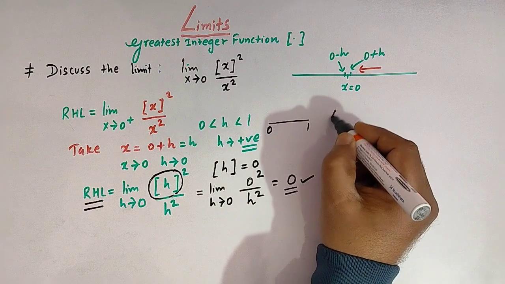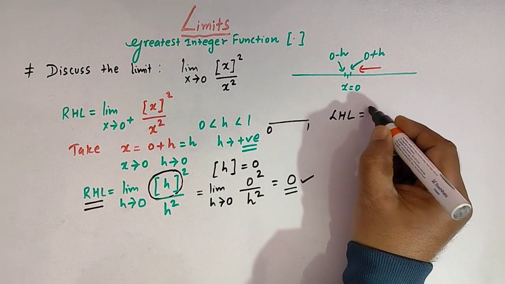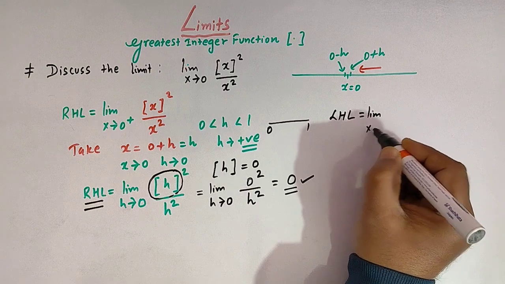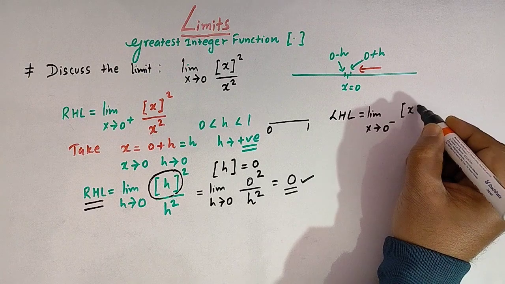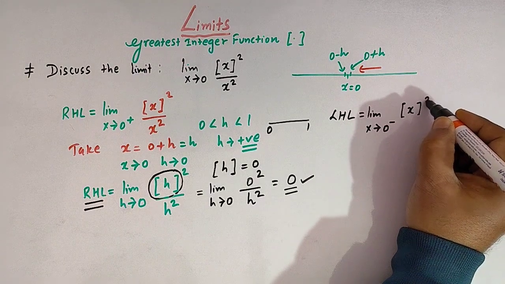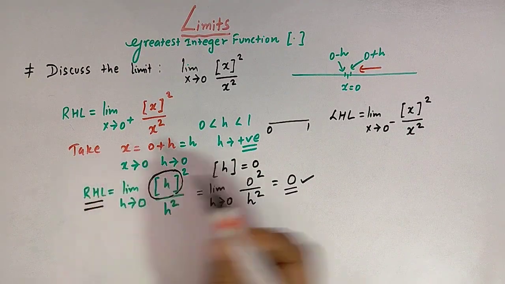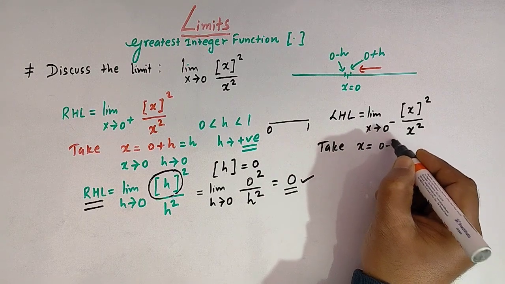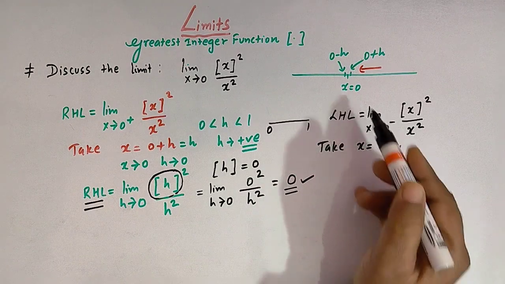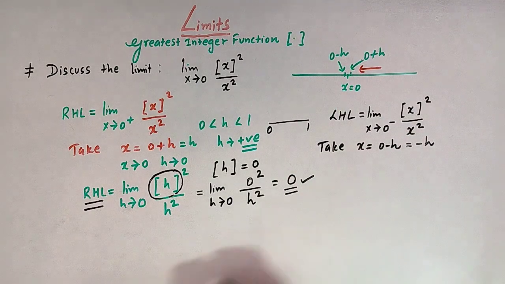Now let us find out the left hand limit. The left hand limit is limit x tends to 0 minus of the square of greatest integer of x divided by x squared. Now we'll take x equal to 0 minus h, which is simply equal to minus h.